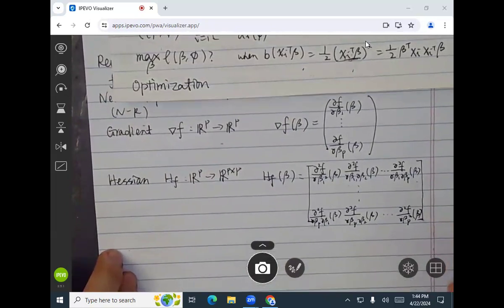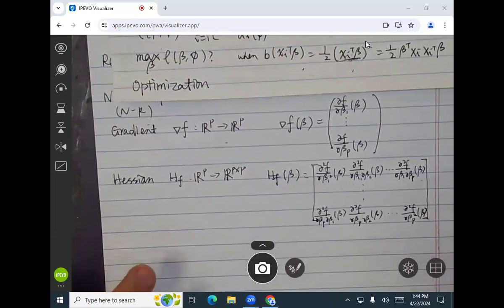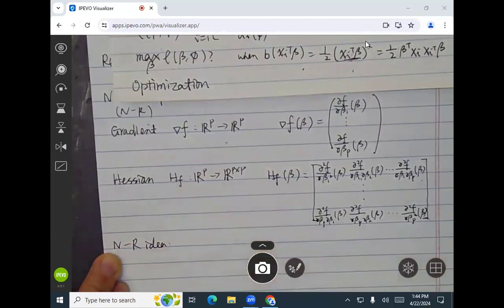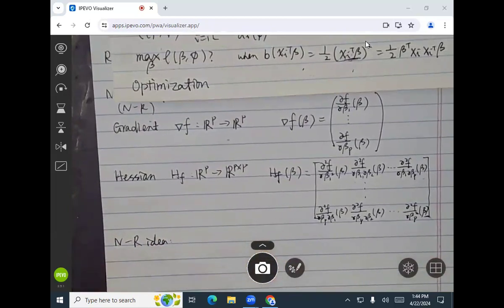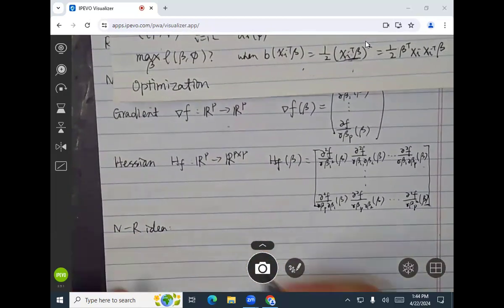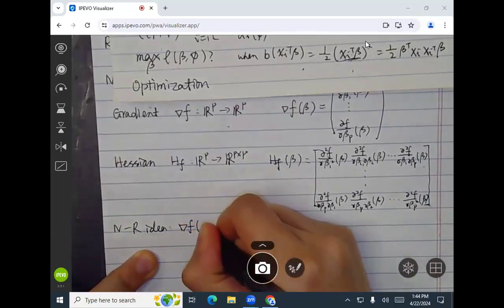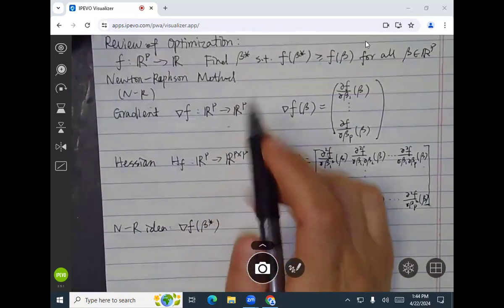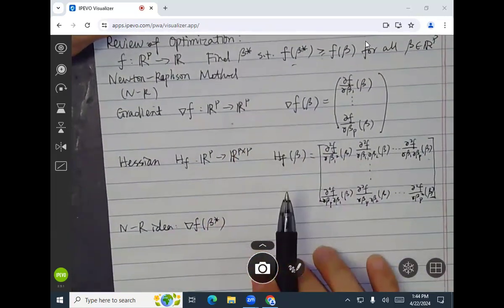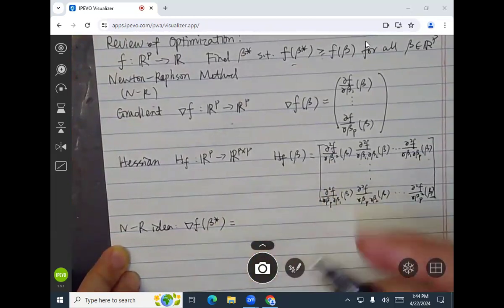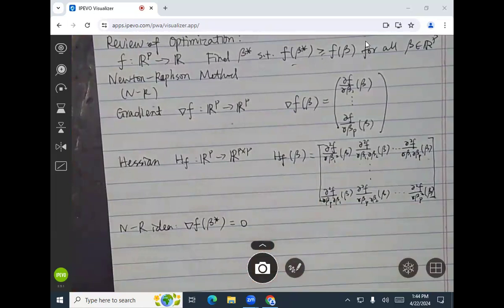Okay, so the Newton-Raphson idea is that at the maximum we're looking for, beta star is the maximizer, we want the gradient of f at beta star to be 0.